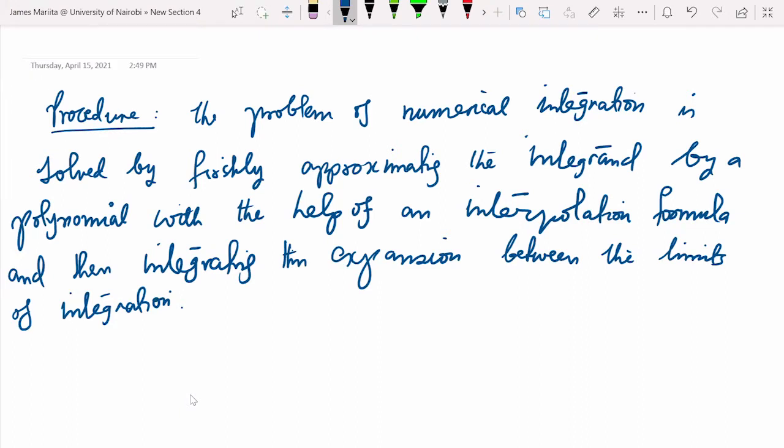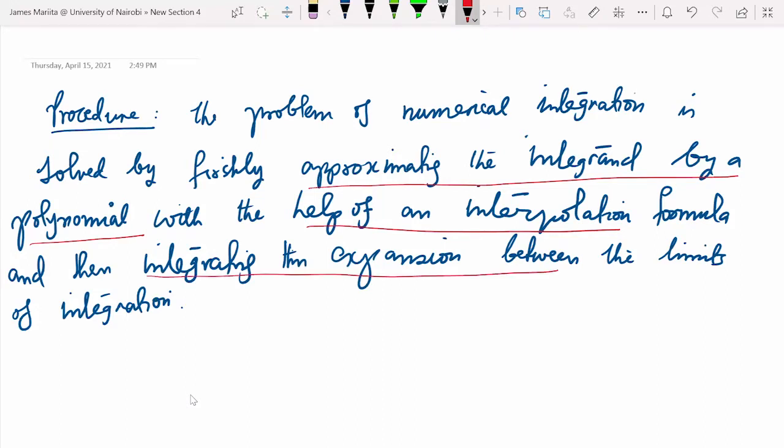So you first approximate the integrand by a polynomial with the help of an appropriate interpolation formula. Then you integrate between the limits of integration, and as you subdivide it, you add up all of them, then you are able to get the integral for the entire range.